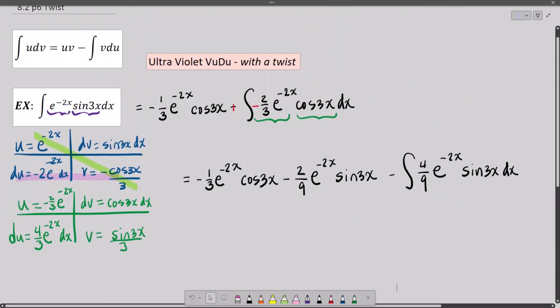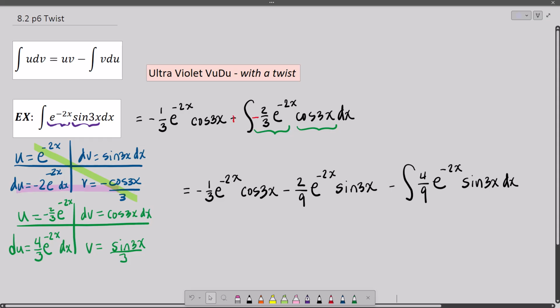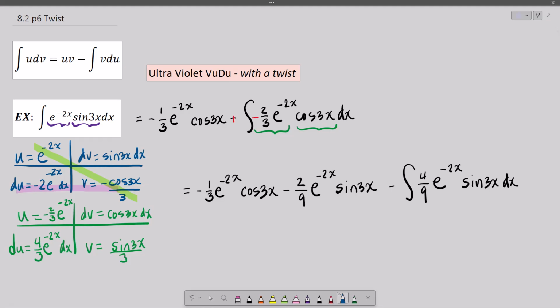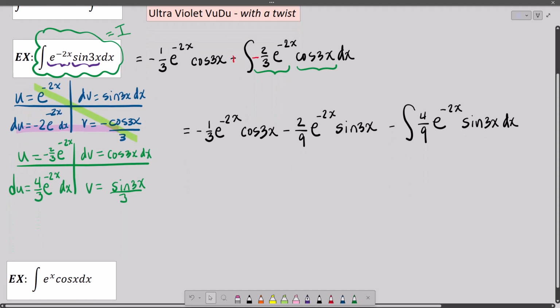But we're going to need to call this integral something. We don't want to rewrite this thing several times, so we need a name for this integral. Usually most books will just call it I. If you want to call it something different, you can. You can call it gamma or zeta or whatever.